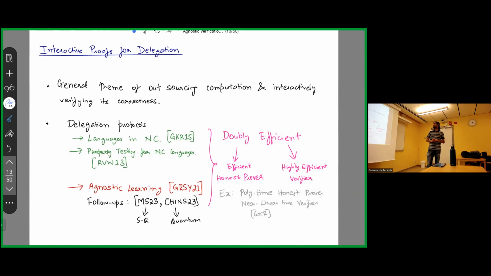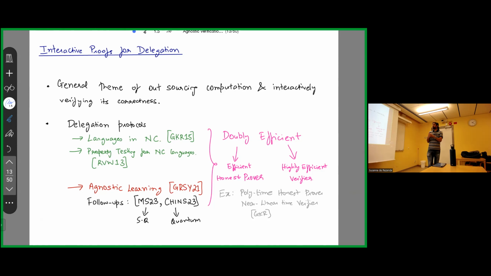And an important criterion for delegation protocols is that they're doubly efficient, where the honest prover is also an efficient algorithm. But then you would ask, you have an efficient verifier and an efficient prover, why can't the verifier do everything the prover does on its own?